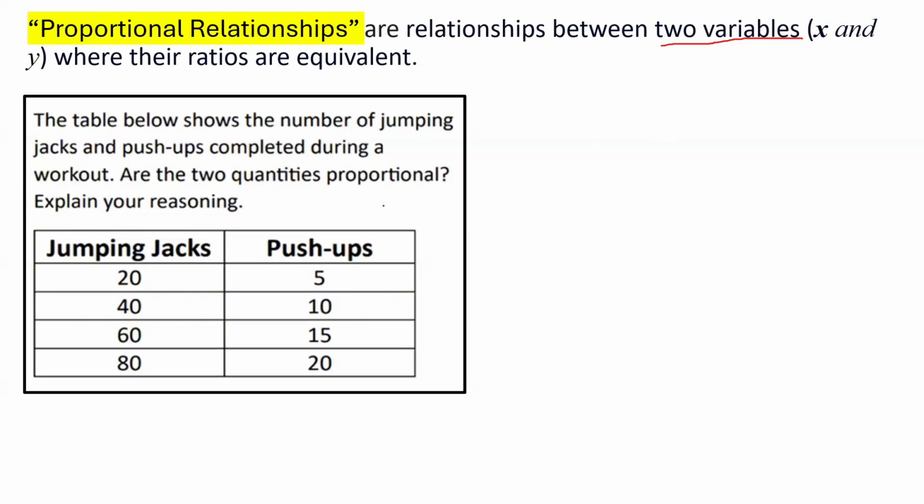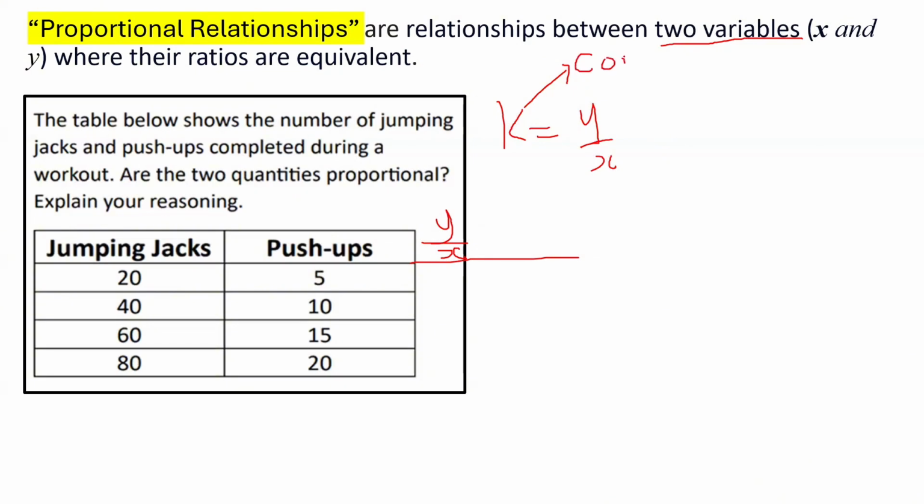All right. So in order for us to find the equivalent ratio, as we said before, we are going to divide y by x. We normally use this formula, k equals y divided by x, where k represents what we call the constant of proportionality.